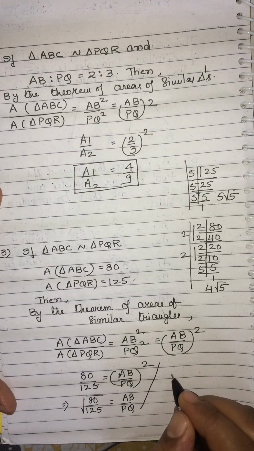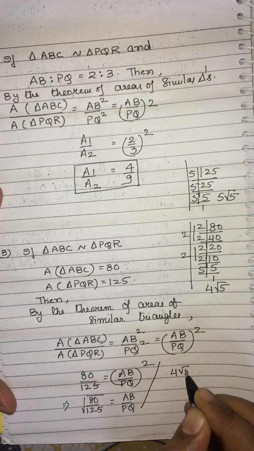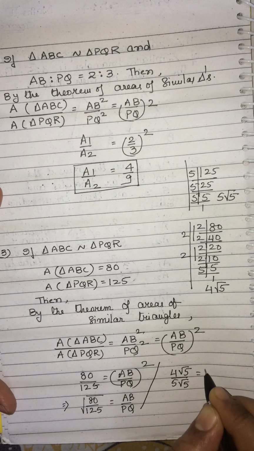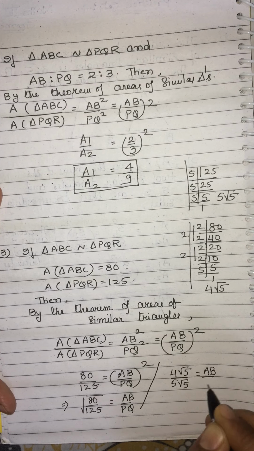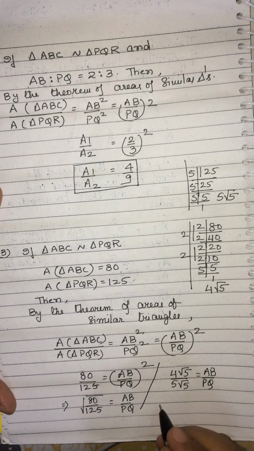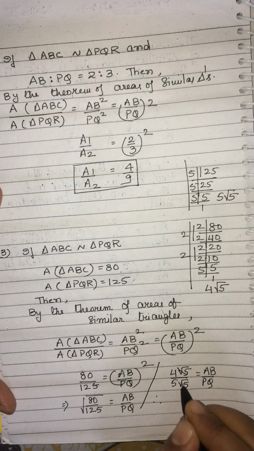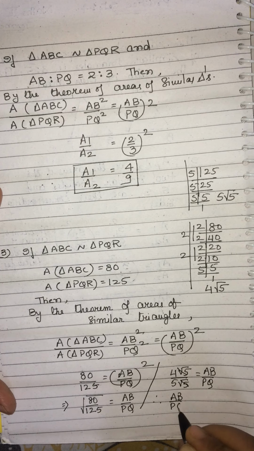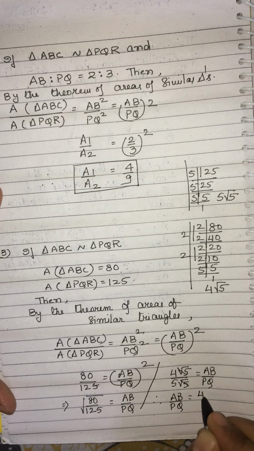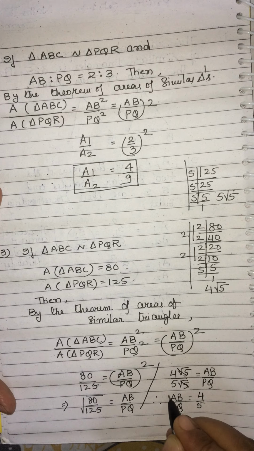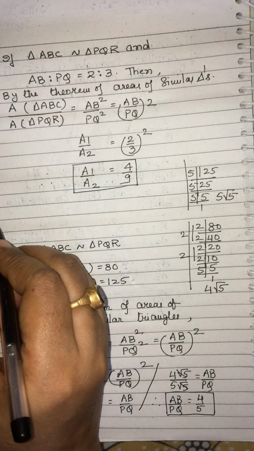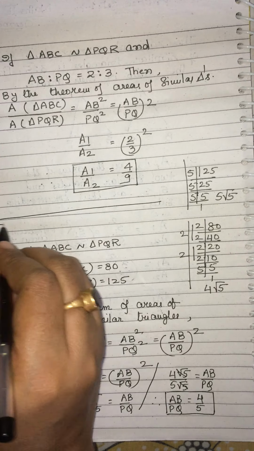So write it: 4 root 5 upon 5 root 5 is equal to AB upon PQ. Hence AB upon PQ is equal to 4 upon 5, your final answer. You understood how you got it? So this is the third one you have done.